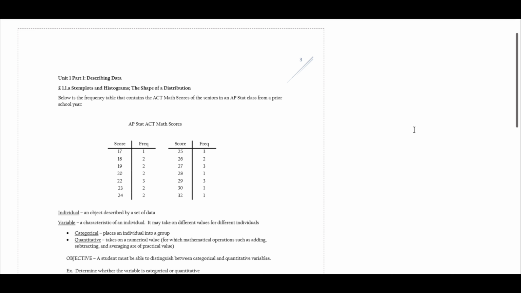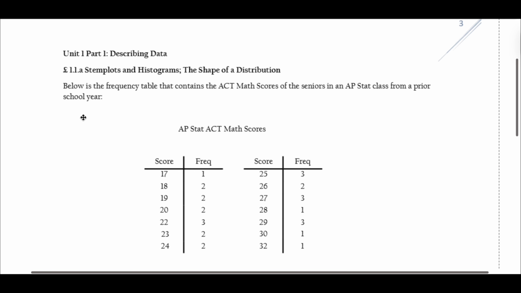We're starting with Unit 1, Part 1, describing data, and we're first analyzing and identifying some of the graphs, like stem plots and histograms, and learning how to describe the distribution for each graph, which is similar for each, but it also has some teeny tiny details that you have to pay attention to when you're answering the questions.